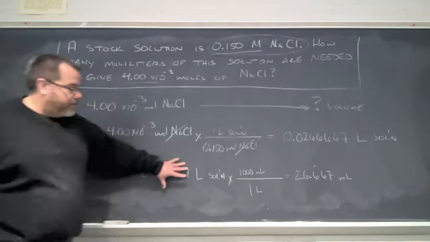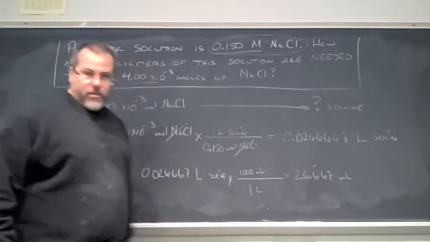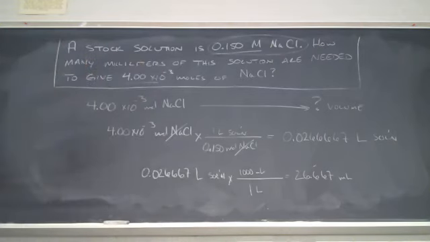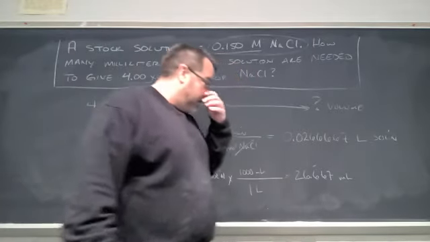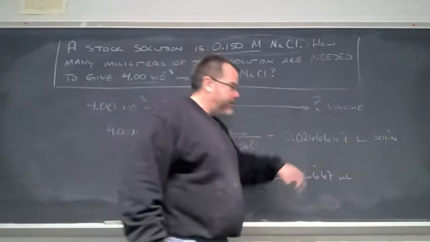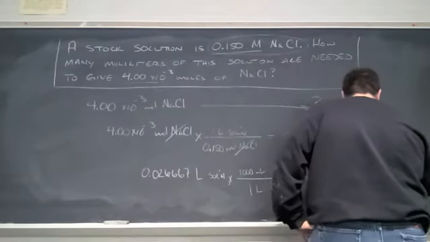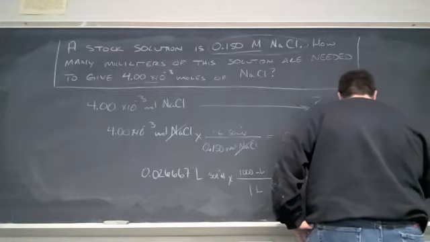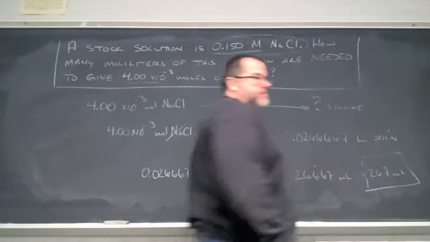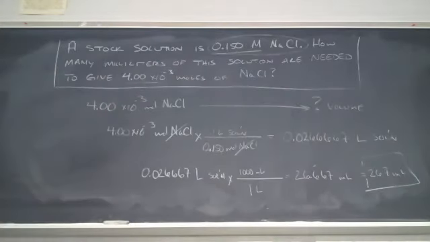So if we take the volume in liters, multiply by 1,000 milliliters per liter, we get 26.66667 milliliters. Again, 3 significant figures. So we get 26.7 milliliters.